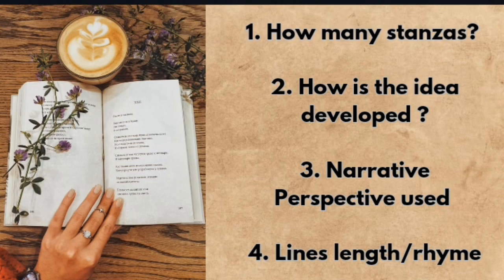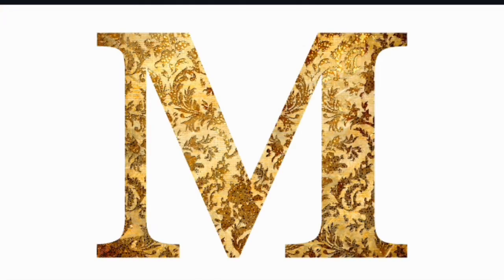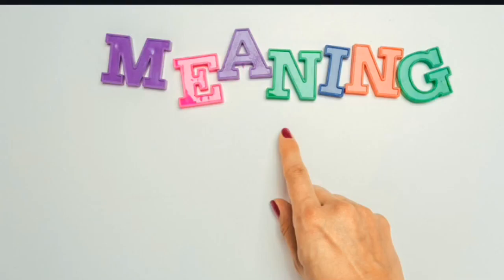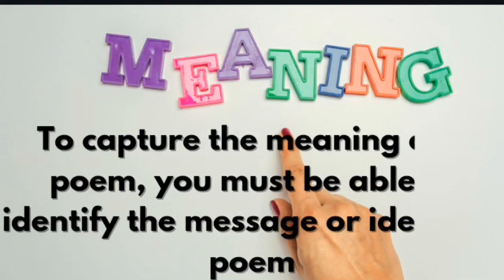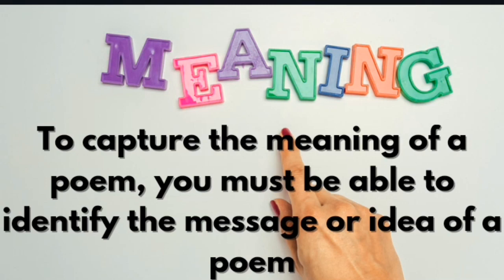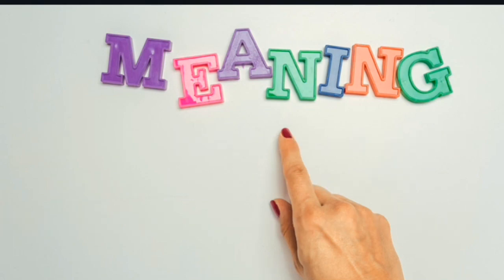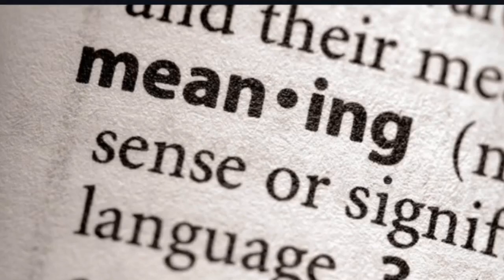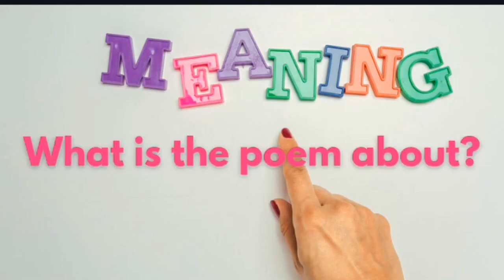The next letter is letter M. Letter M in the acronym S.M.I.L.E represents meaning. To capture the meaning of a poem, you must be able to identify the message or the idea of the poem. That's the reason why the poet wrote the poem. Ask yourself the following questions. What is the poem about?